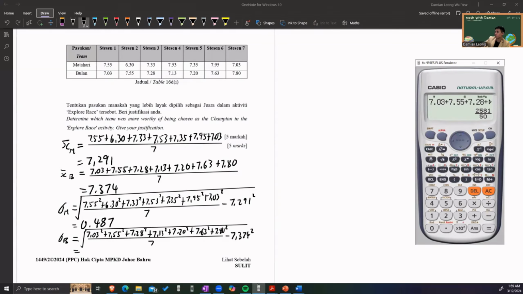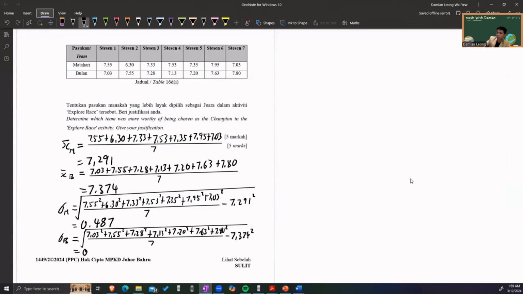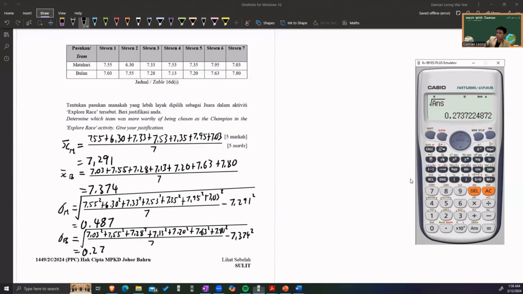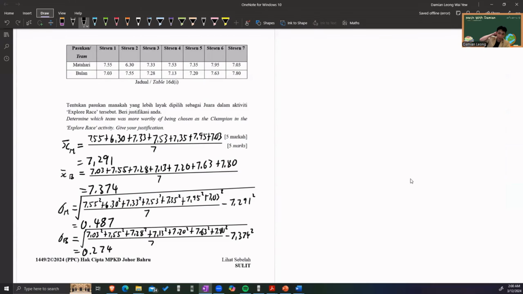So again, I can edit from here. Square each of these values. Then I get this, divide by 7 minus 7.374 square and square root the answer. 0.274.